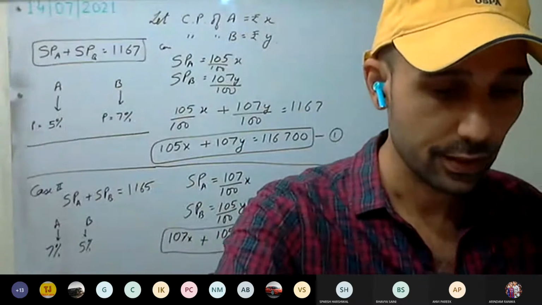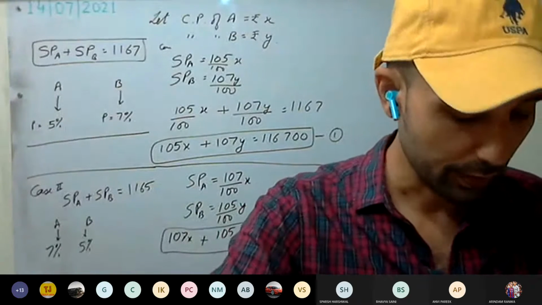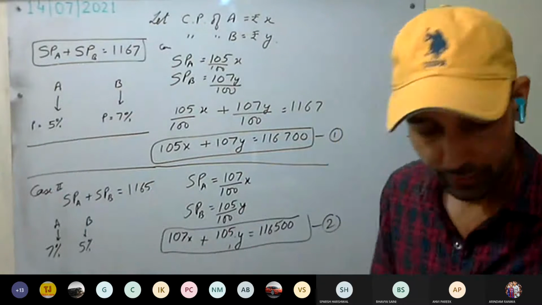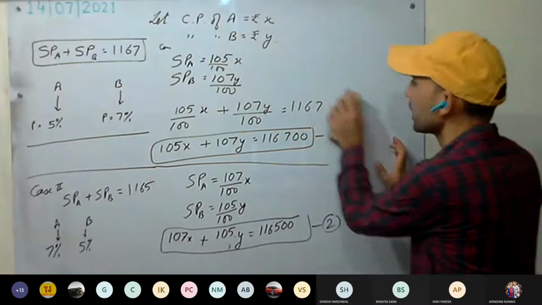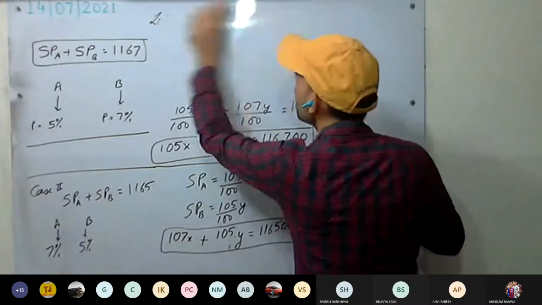Okay, next we are doing the next question. Time and work. Okay, so we'll have a little bit of basics of time and work, and then we will move to the question.